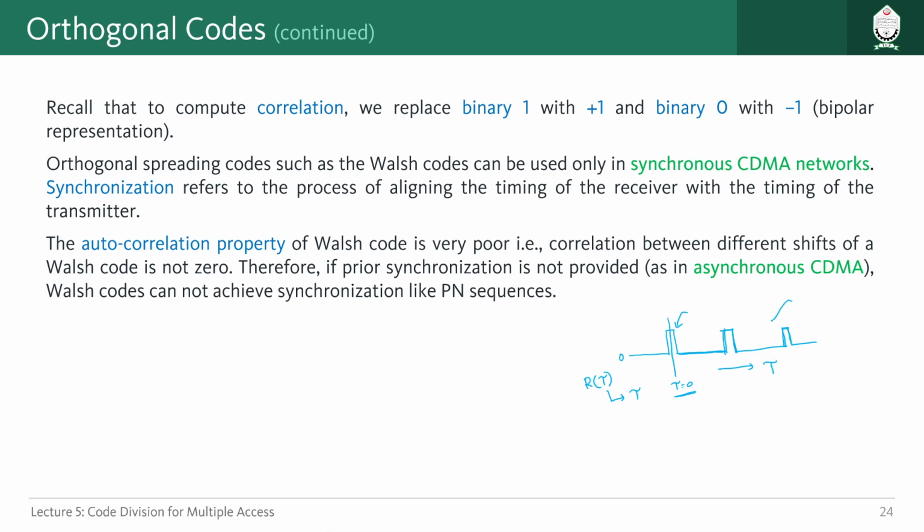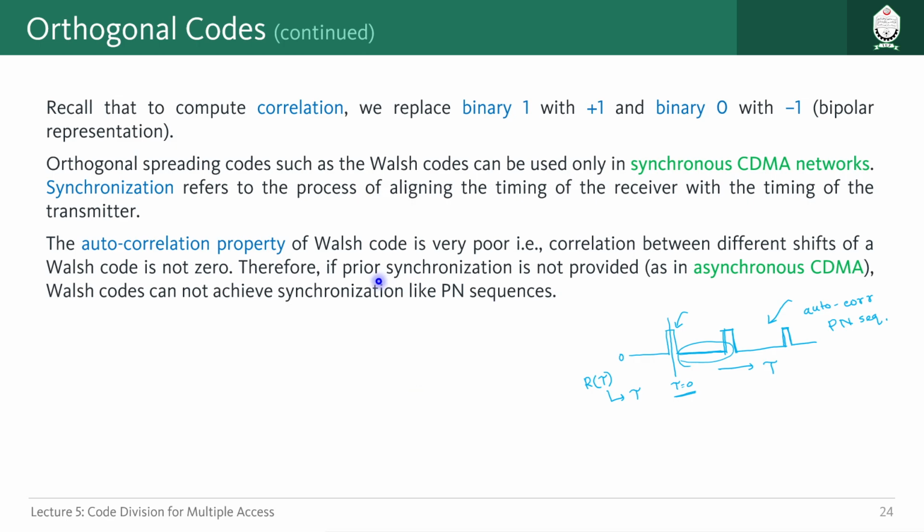That was the desired autocorrelation property of a PN sequence, right? But Walsh codes are not PN sequences. As a result, we are not going to get this kind of desired behavior from Walsh codes.